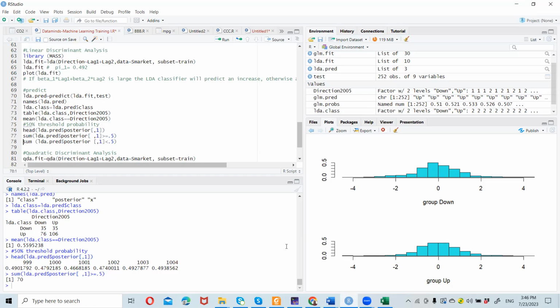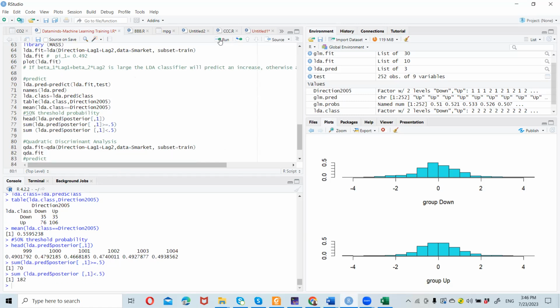Okay, we can see that for the probability greater than or equal to 0.5, that it will go up is 70 cases, while for it going down, less than 0.5, is 182 cases.